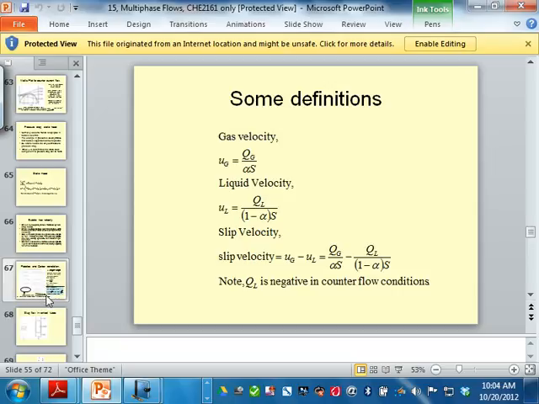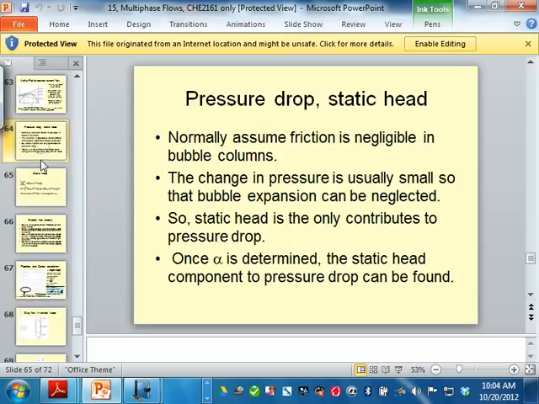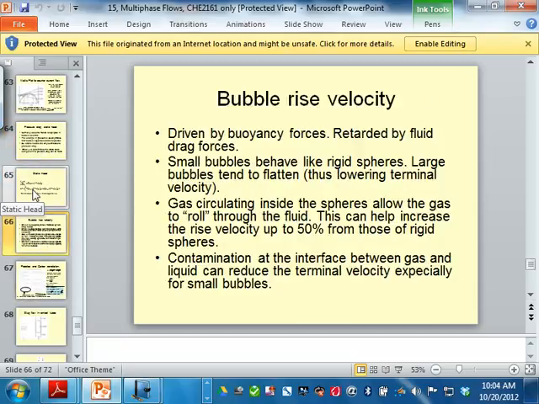My slide's a bit out of order. So I should actually talk about one bubble first.